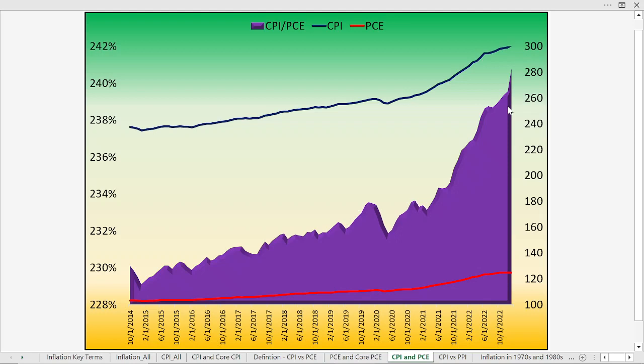That the real sharp rise in prices has affected the average consumer much more so than government programs, or Medicare and Medicaid, have gone up. Those are a little bit more constant. The real rise, and that's what we see by this purple area chart, which again reflects the difference between the two, is that the blue line really went up a lot more than the red line did in the past 2 or 3 years. And that shows an additional cost borne by the consumer, not so much those government programs.